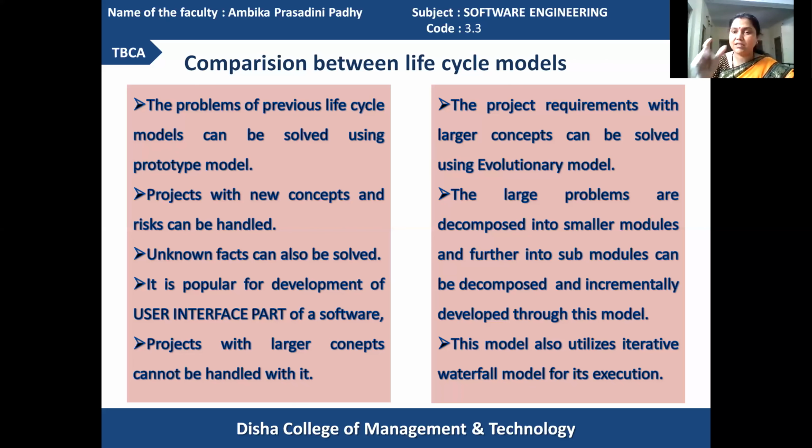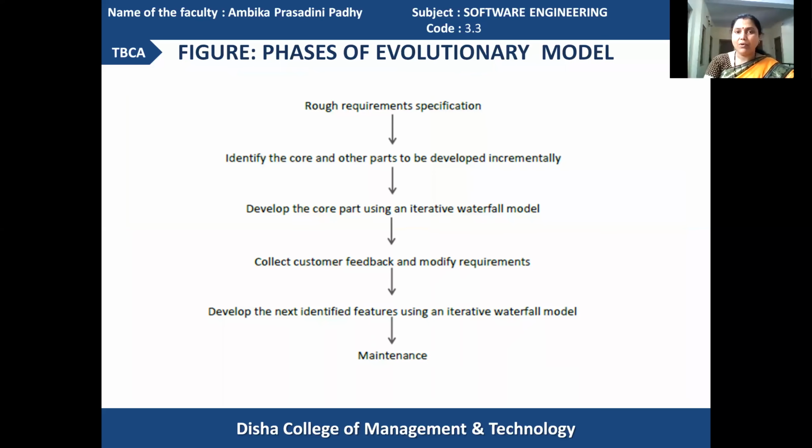We have already discussed the evolutionary model. This is the diagram of the evolutionary model, showing how the phases are executed. The requirements are collected. A core module is prepared because that is the main module of the system. Next parts of the system will be at the outer part of the core module, and the core module will help all other successive versions to work effectively.